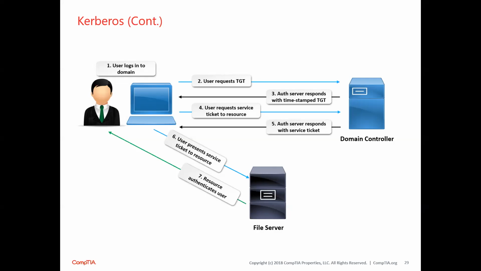The domain controller, as the authentication server, will respond with a time-stamped TGT, and then the user requests a service ticket to a resource. The authentication server, by default the domain controller, will respond with the service ticket. Finally, the user will present the service ticket to the resource, and the resource will authenticate the user based on the ticket.